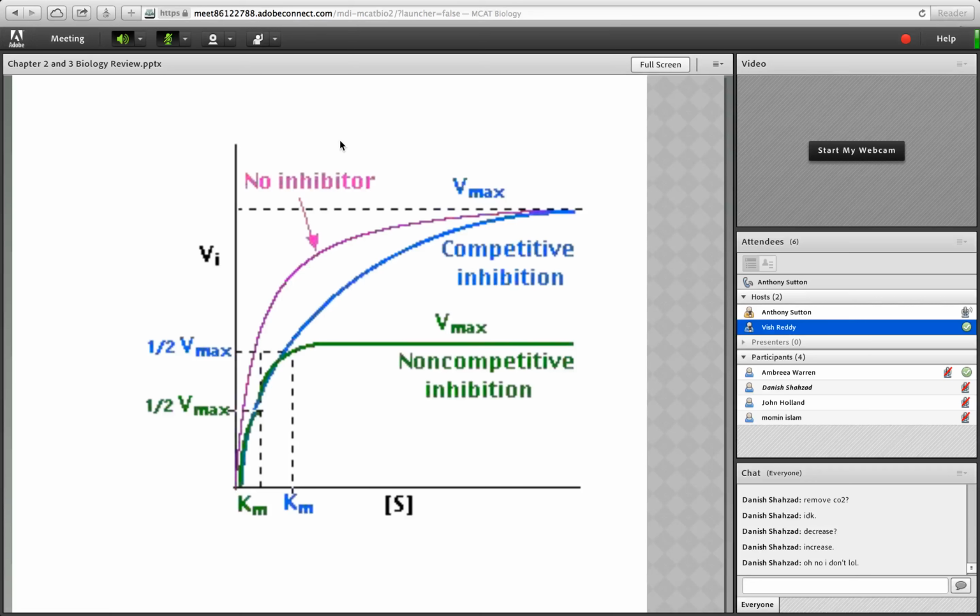Competitive inhibition means that you have an enzyme with an active site. A substrate can bind to the active site. But in competitive inhibition, you can have a competitor that can also bind to the active site.